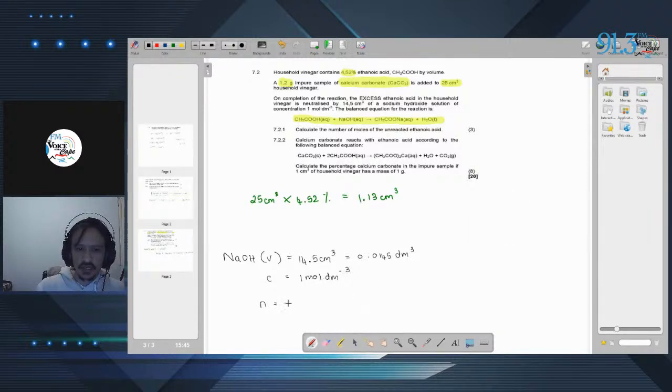Sorry, n is equal to C times V. There we go, that makes more sense. And then we basically get 1 times 0.0145, and therefore we get an answer of 0.0145 mole of sodium hydroxide that reacted with the acetic acid. So if we look at this equation, we can see that the equation is balanced.